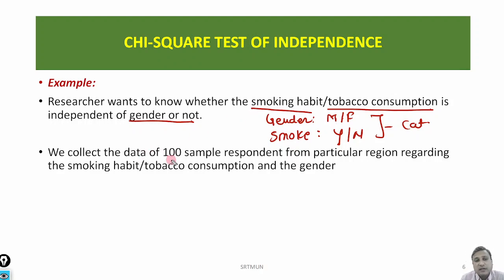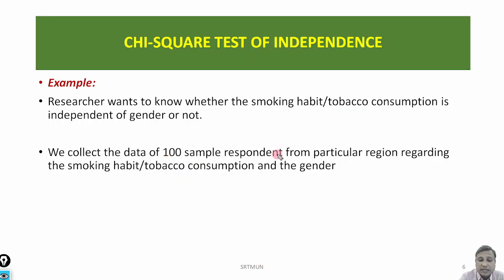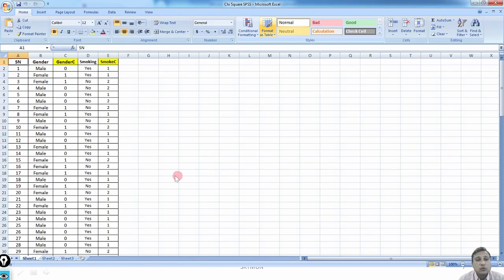Now suppose we collect the data of 100 sample respondents on these two variables, gender and smoking, and the data looks like this. Here is our data. Here is the first nominal variable, gender. Here is the coded data of gender. The code 0 is assigned to male and the code 1 is assigned to female.